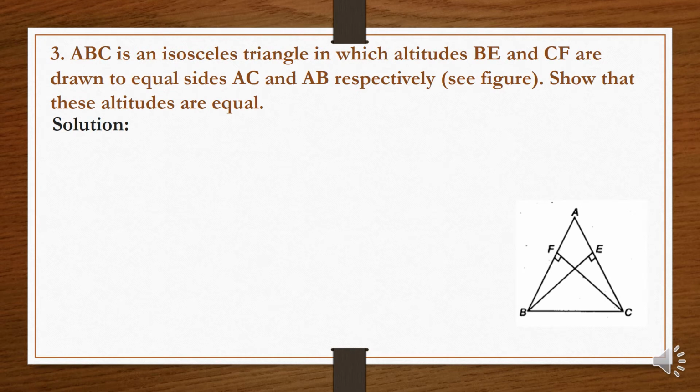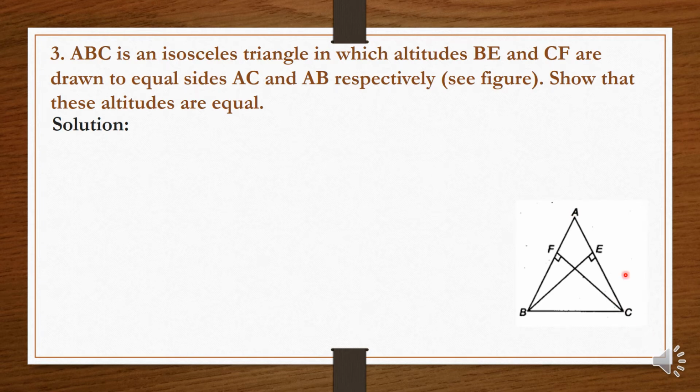Question number 3. ABC is an isosceles triangle in which altitudes BE and CF are drawn to equal sides AC and AB respectively. Show that these altitudes are equal. So we can see we have a triangle ABC, and it is told that the sides AB and AC are equal. That means AB here and AC here are equal in length.